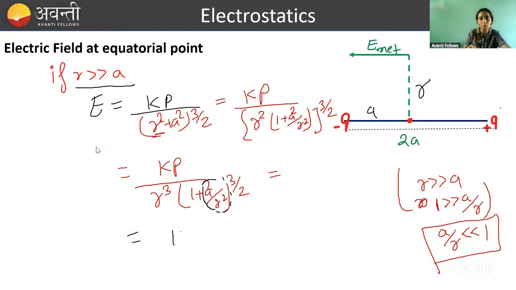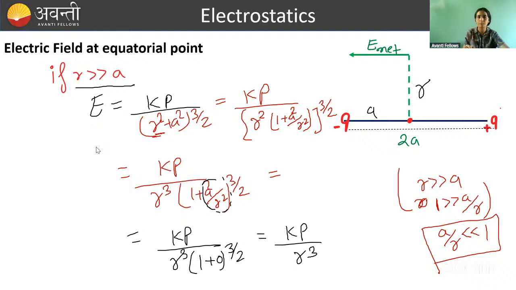So what we will do is Kp by R cube times 1 plus 0, whole power 3/2. We are taking this as almost 0, okay? So this will become Kp by R cube. Done? So if R is far far greater than A, then at this point the electric field will be Kp by R cube in this direction. Okay? Anyone having any doubt so far?